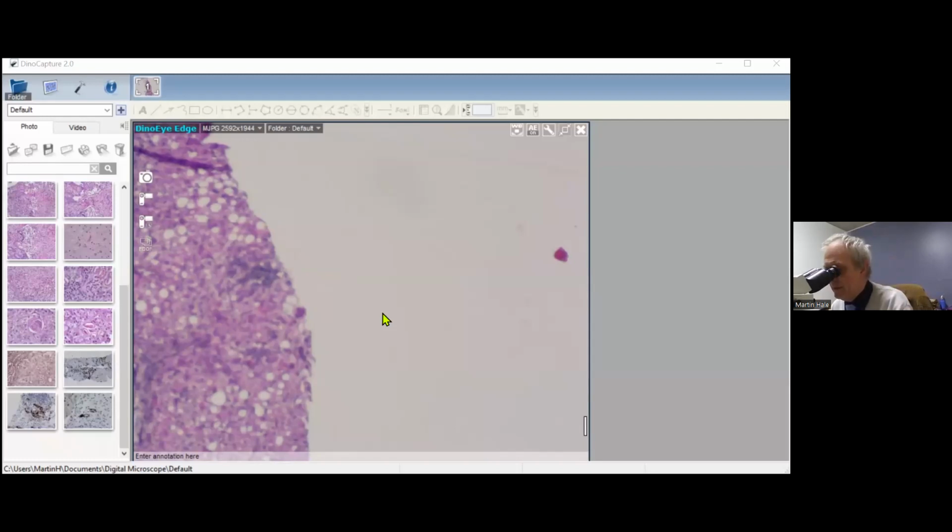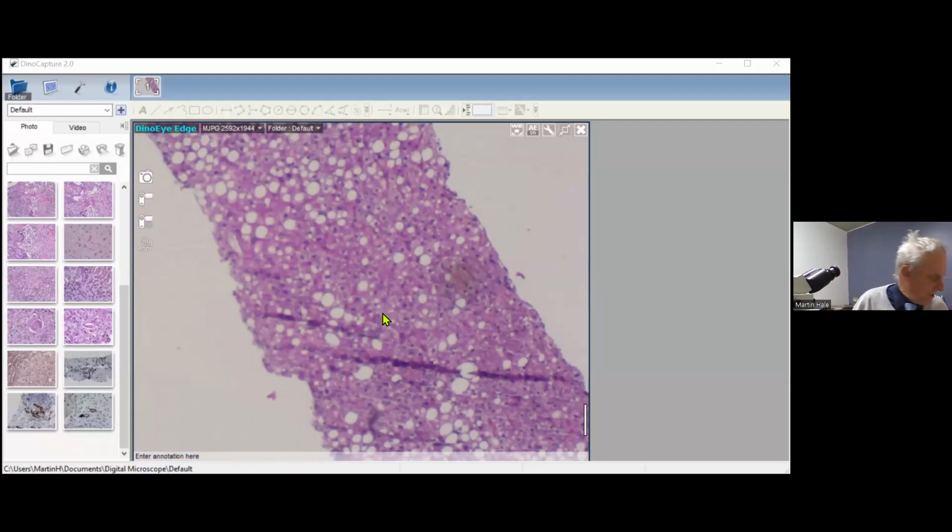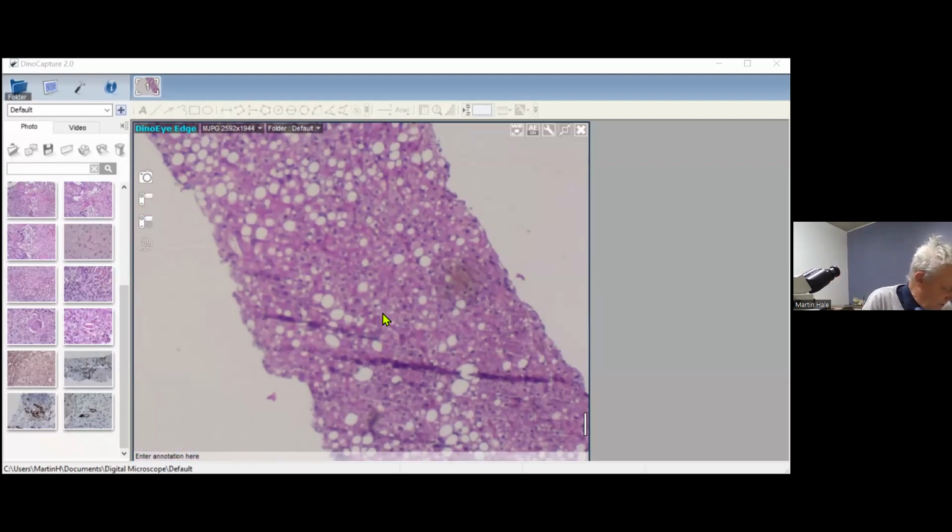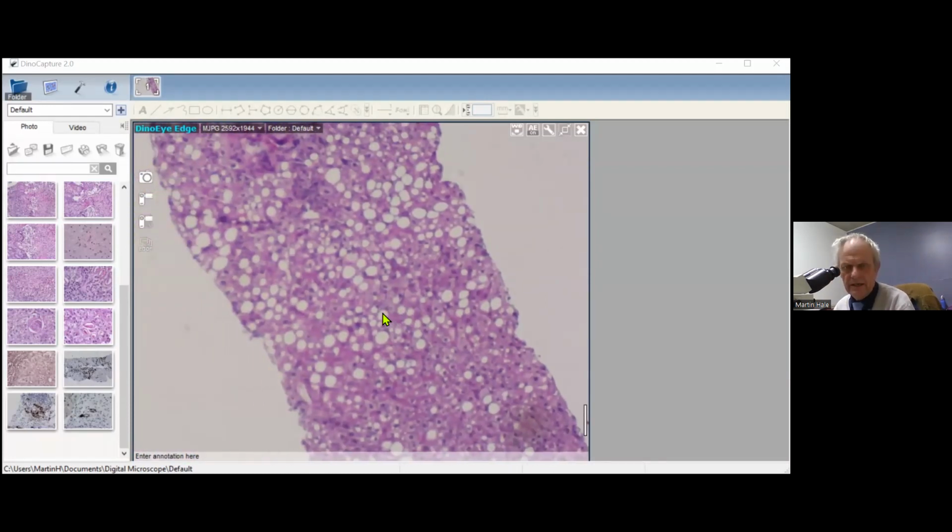Yeah. So this is her biopsy here. And so the history here was also that, yeah, what we've got here is this extensive steatosis, as you can see there.